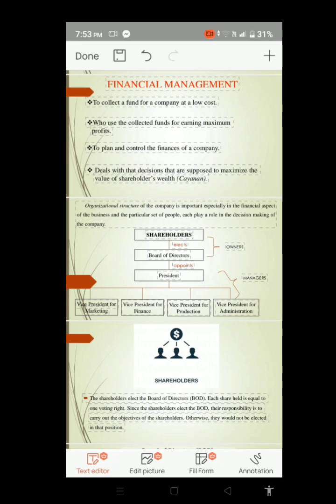The shareholders elect the Board of Directors, BOD. One share held is equal to one voting right. The BOD's responsibility is to carry out the objective of the shareholders, otherwise they will not be elected to the position.